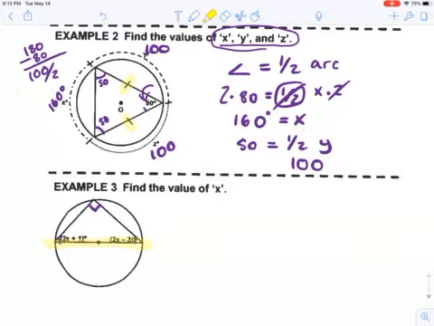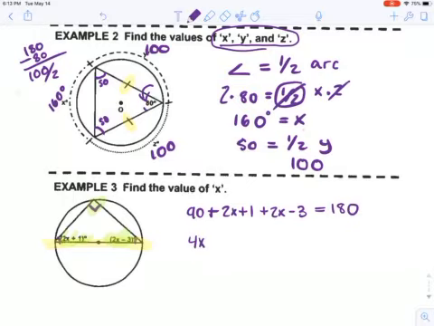So we're going to say 90 plus x plus 1, 2x plus 1, plus 2x minus 3 equals 180. Because those are the three angles in a triangle. So 2x plus 2x is 4x.